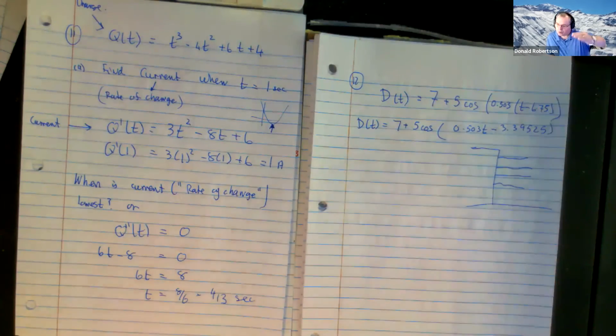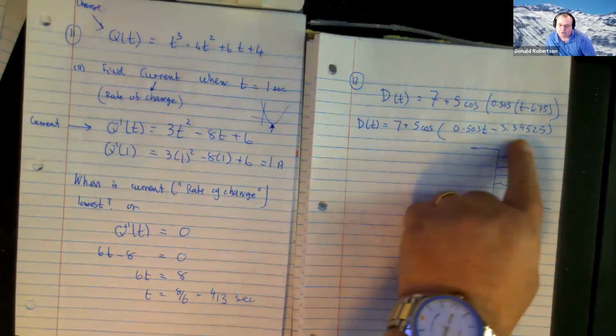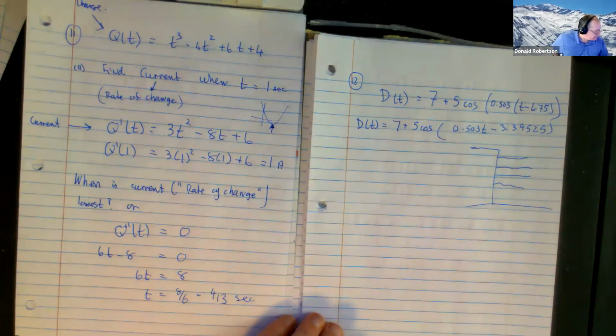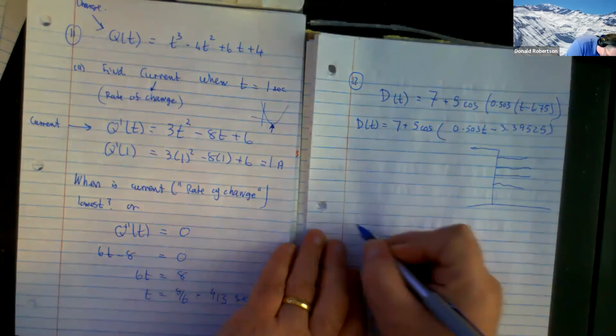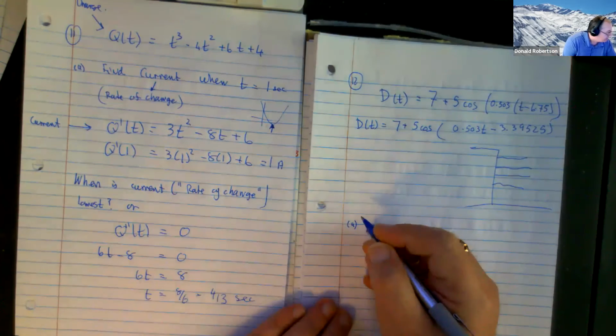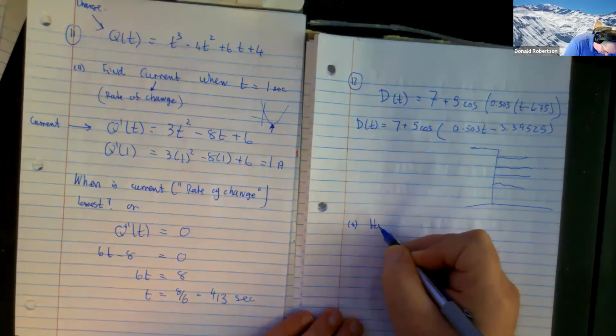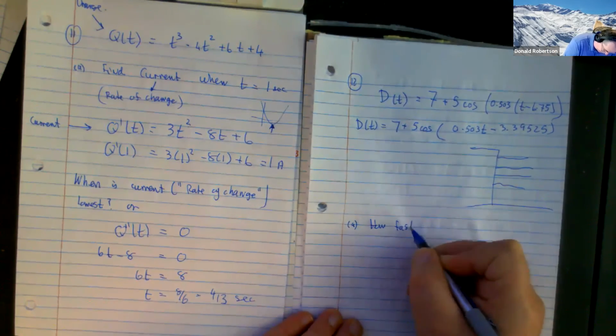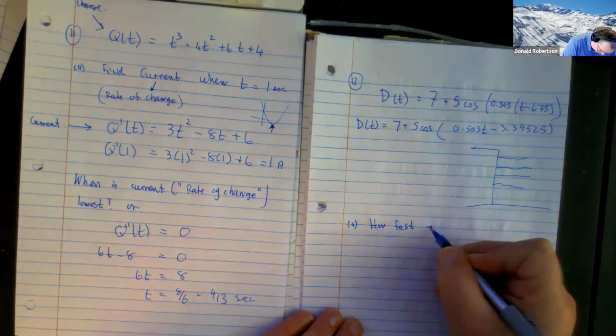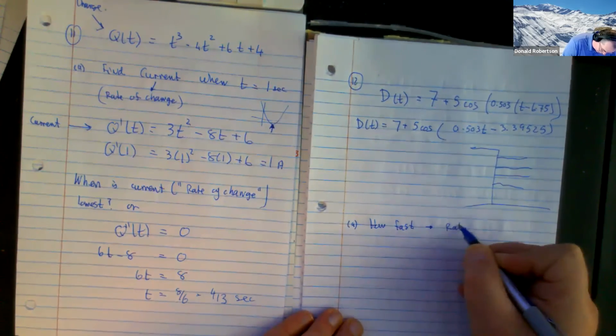You want it to go up and go down, from low to high tide. And this formula here tells us how to do that. And we are being asked to find how fast. Now that is the same thing as asking for the rate of change.